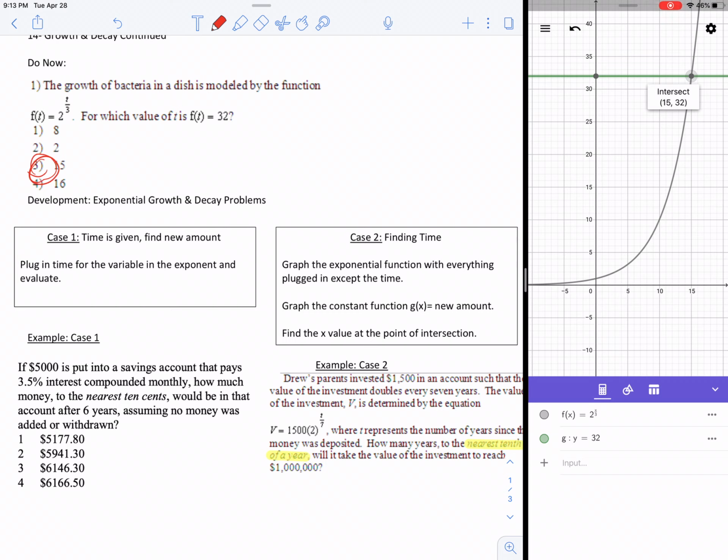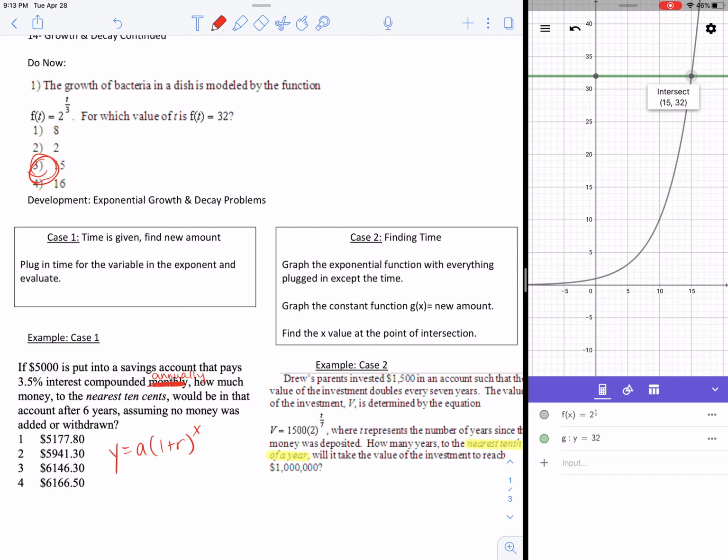If $5,000 is put into a savings account that pays 3.5% interest compounded, I'm going to make this compounded annually because we didn't do monthly yet, how much money to the nearest 10 cents would be in the account after 6 years, assuming no money was added or withdrawn?